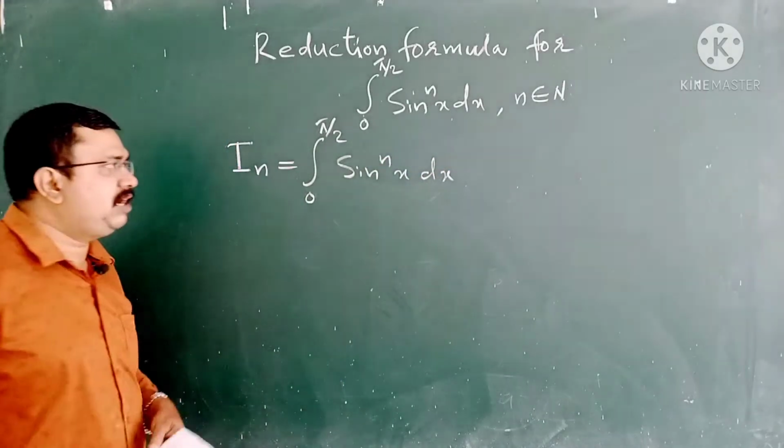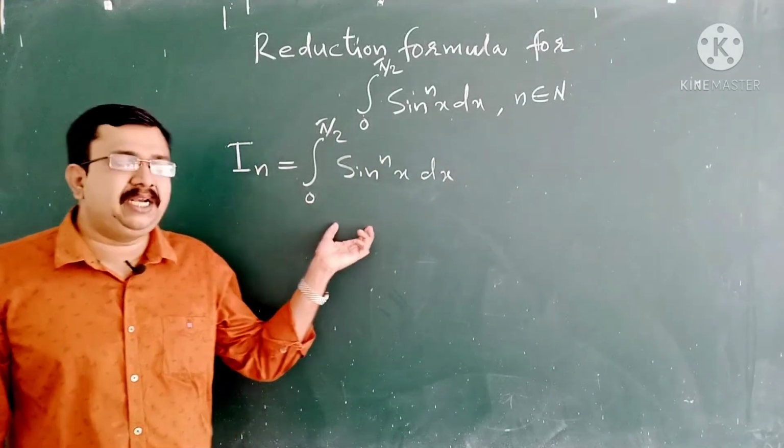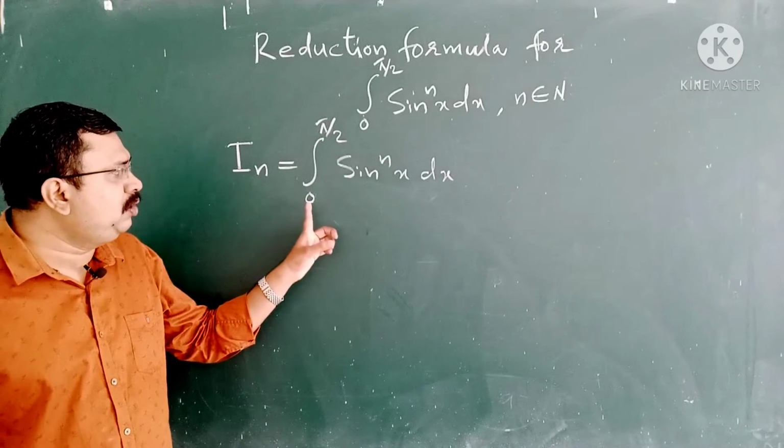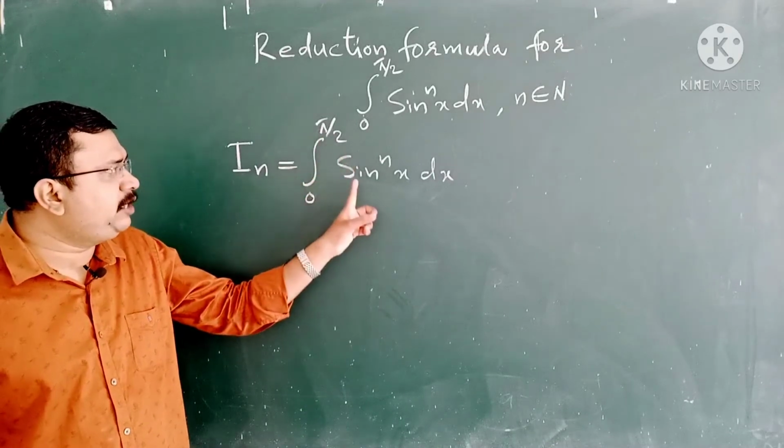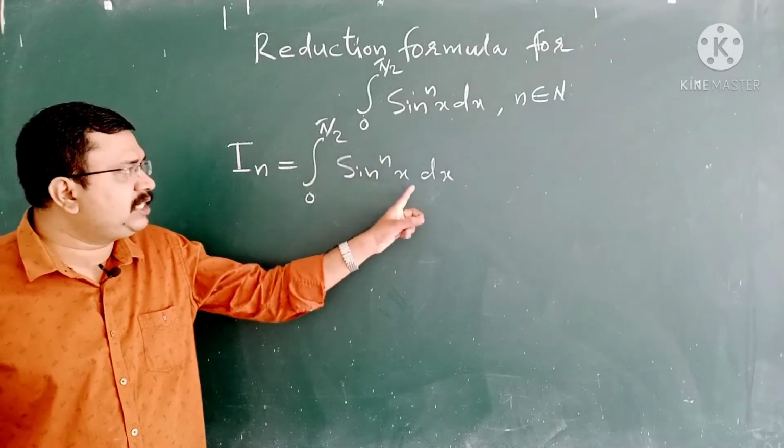First we assume that I n is equal to integral 0 to pi by 2 sin raised to n x dx.